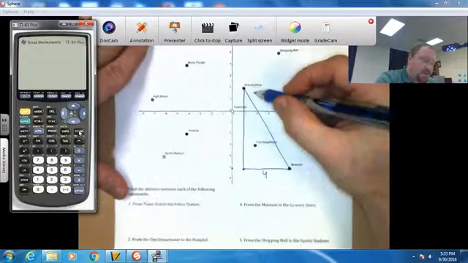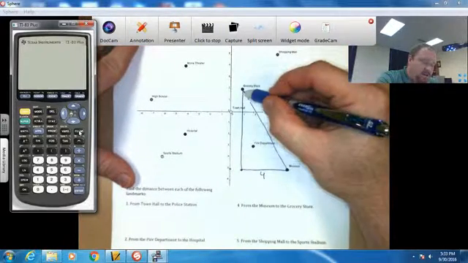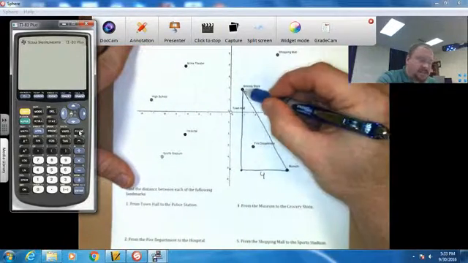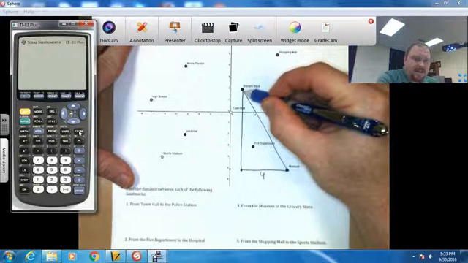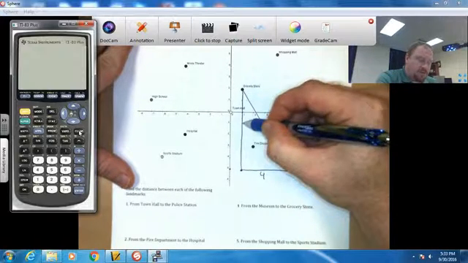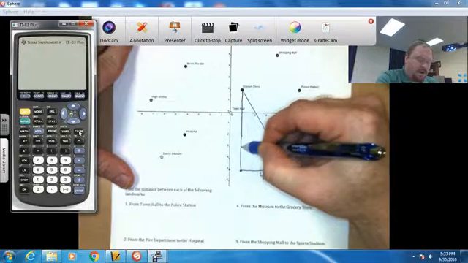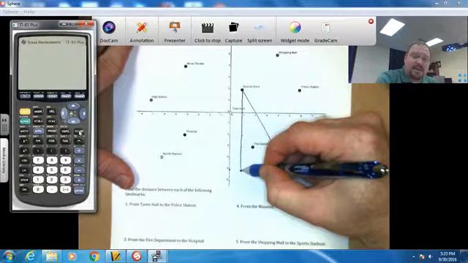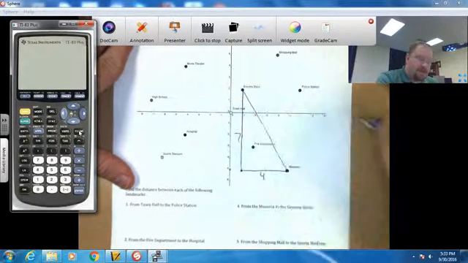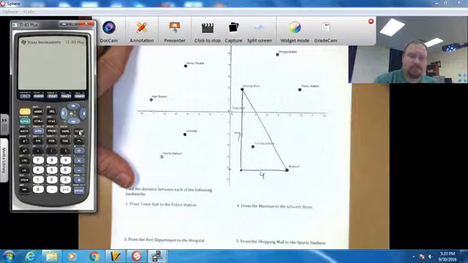So now I'm going to count straight down. That's 0 because I haven't counted it at all. 1, 2, 3, 4, 5, 6, 7. That side there is 7 units long.